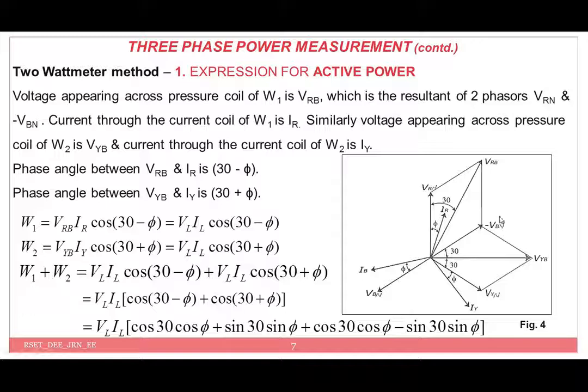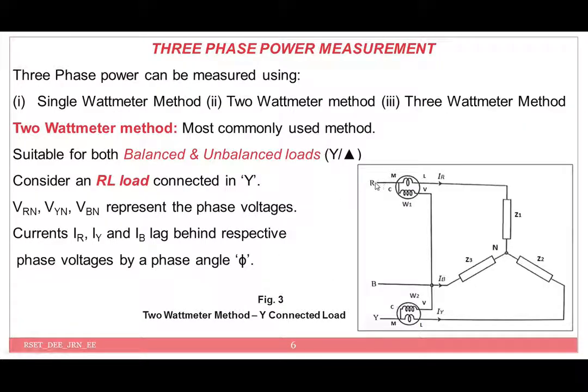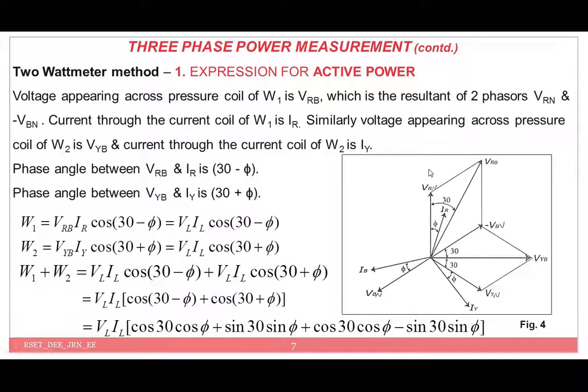Now the first wattmeter is connected between R and B. You can see the first wattmeter pressure coil is connected between R and B, and the second one connected between Y and B. So the voltage across the pressure coil of the first one is VRB, and the voltage across the pressure coil of the second one is VYB.